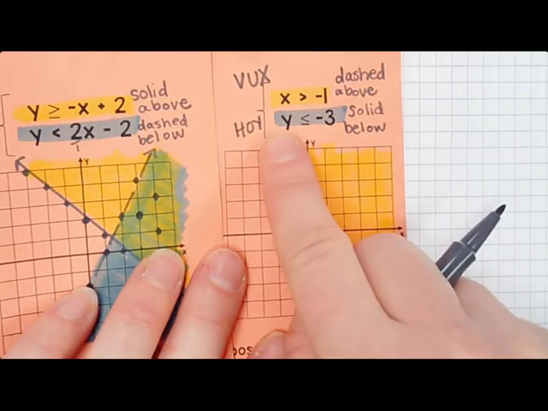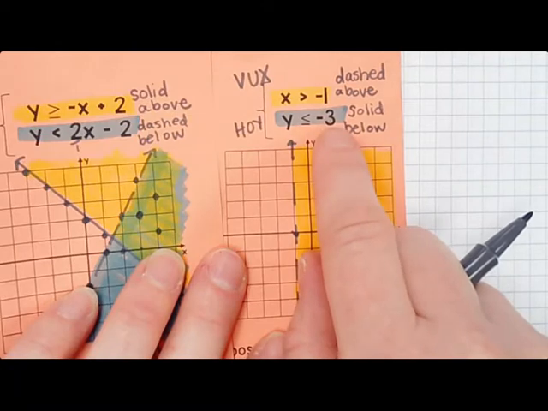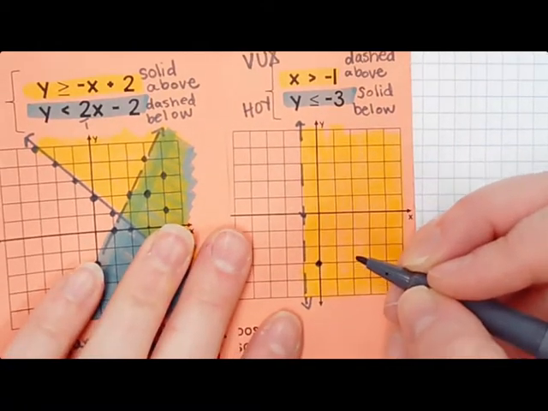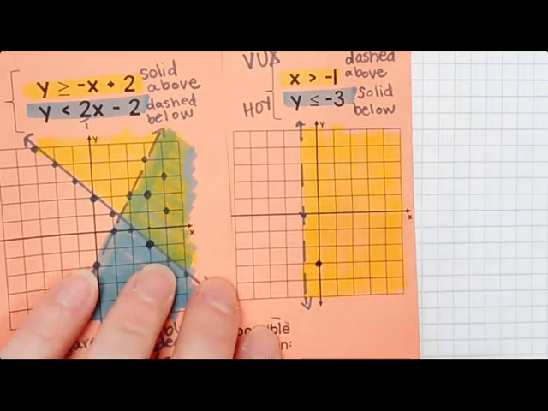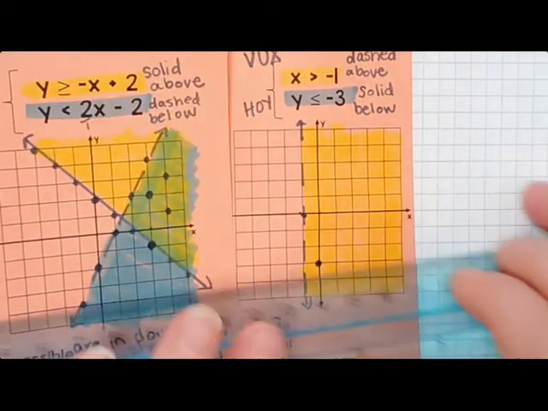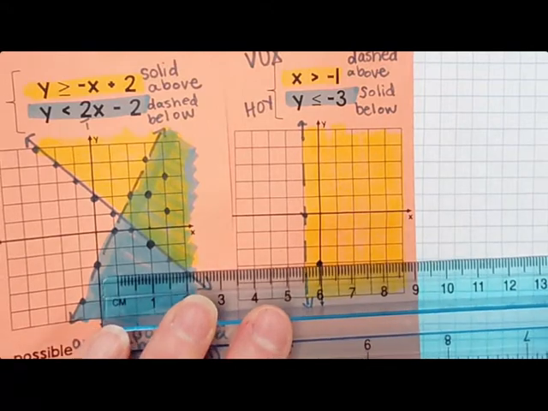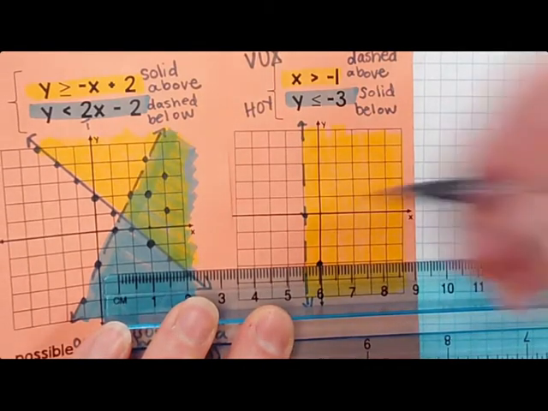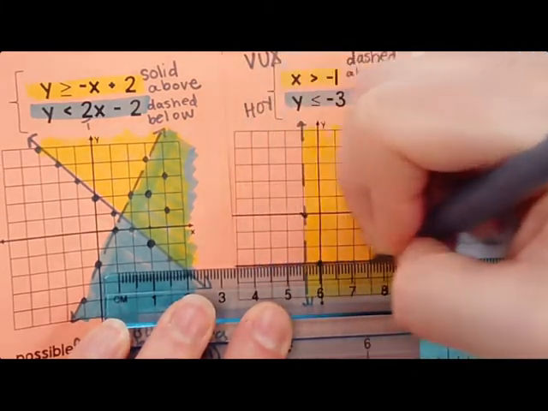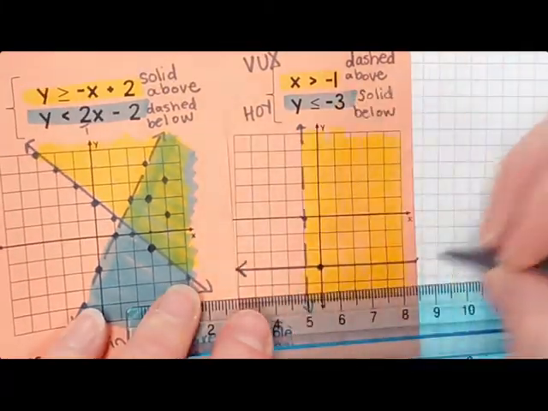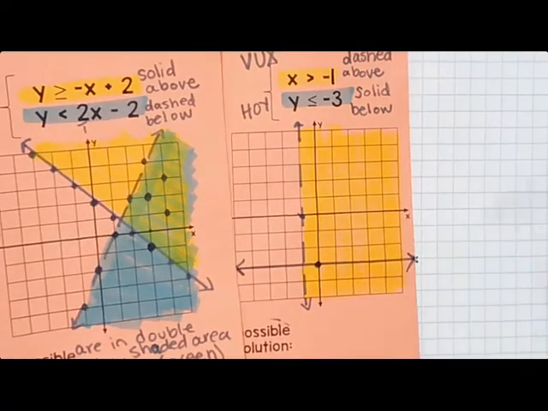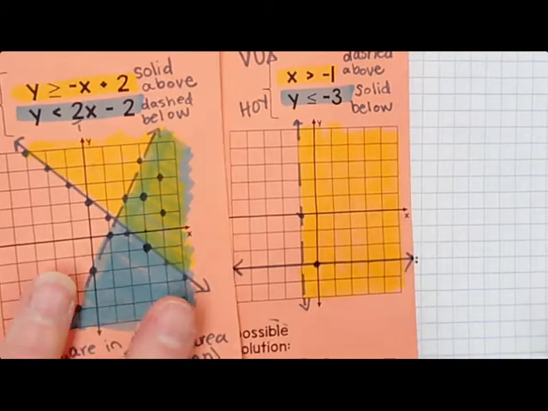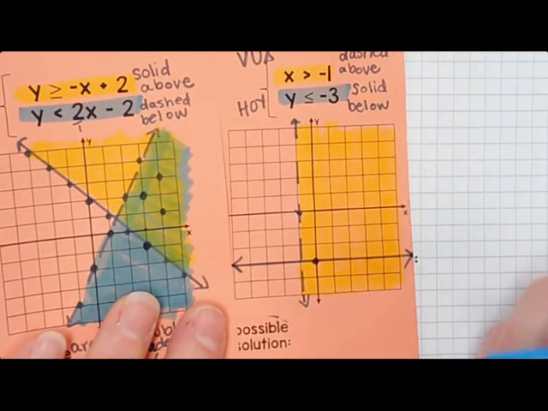This has 0 slope, so we only have a y-intercept at -3. 0 slope is Slope Dude saying 0 fun. He's having to walk with his snowshoes on. So it's a solid line, and it's shaded below.